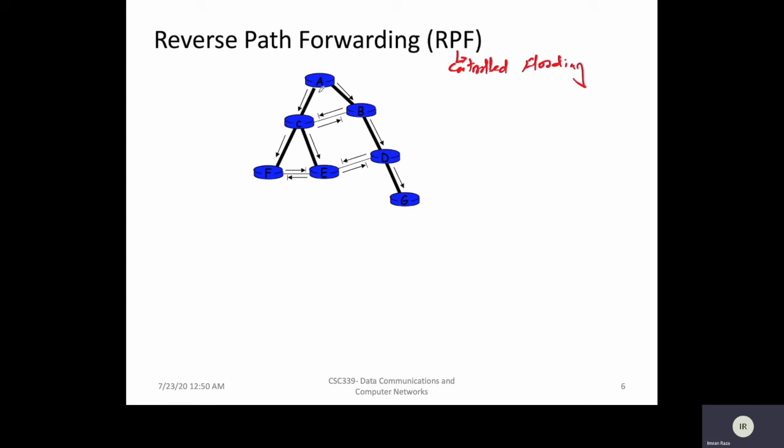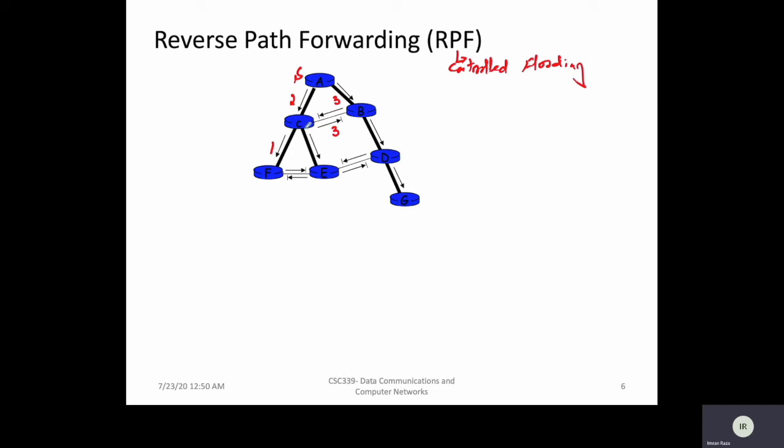Okay, let's try to understand this. So for example, this is our source node. Let me associate a cost with each of these links. The cost from A to C is 2. The cost from A to B is 3. The cost from C to B is 3. The cost from C to F is 1.